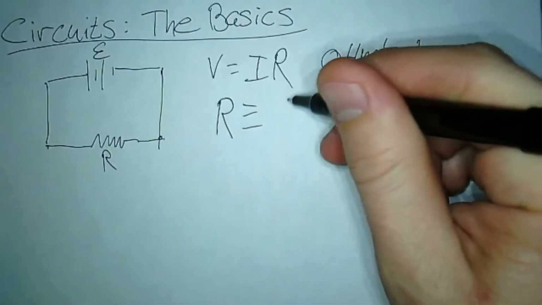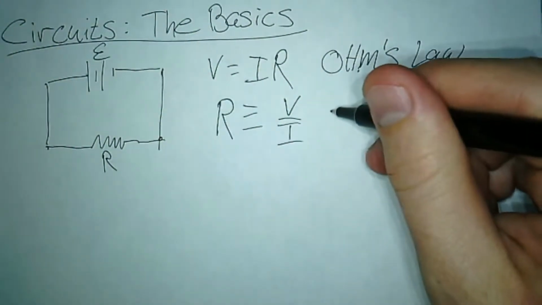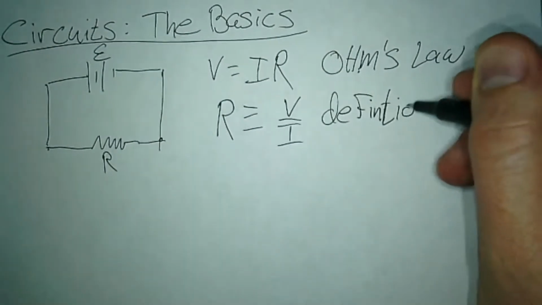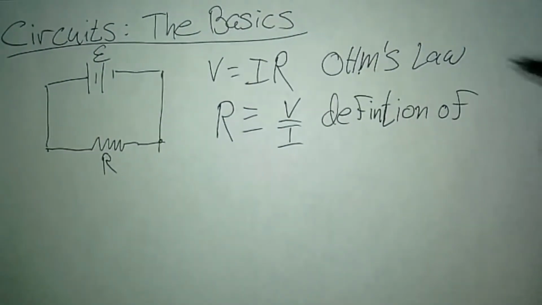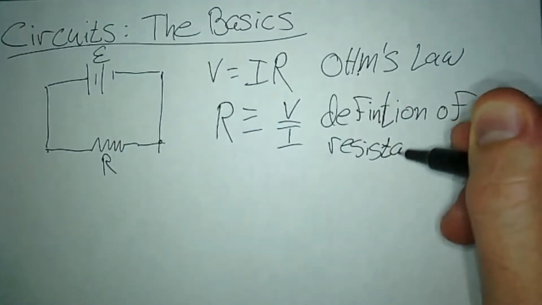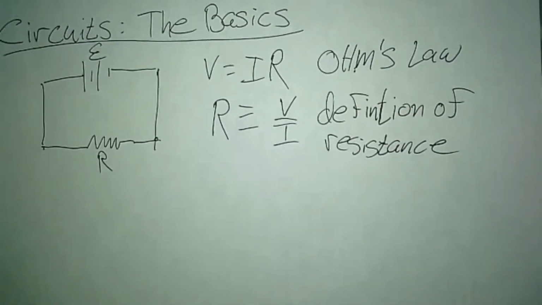It's better to describe it as resistance defined by the ratio of voltage over current. So in that way, it's a little more clear what's going on, I think.